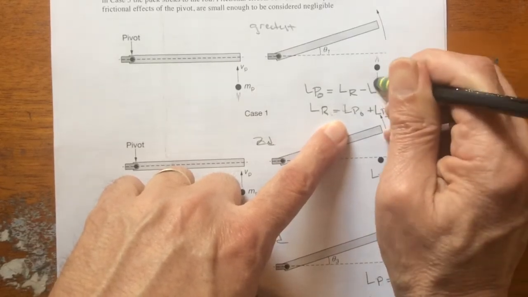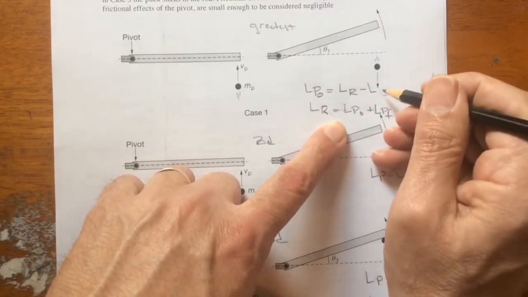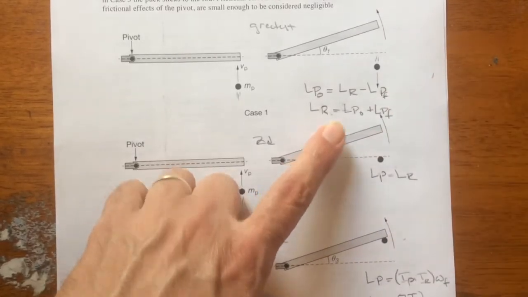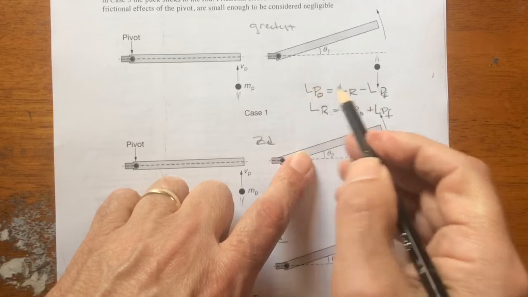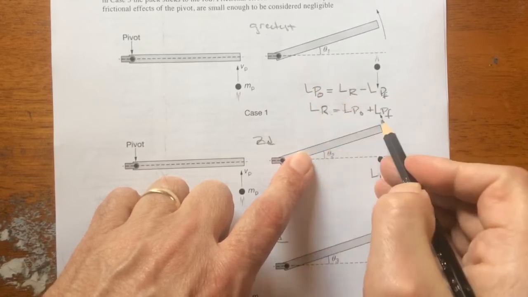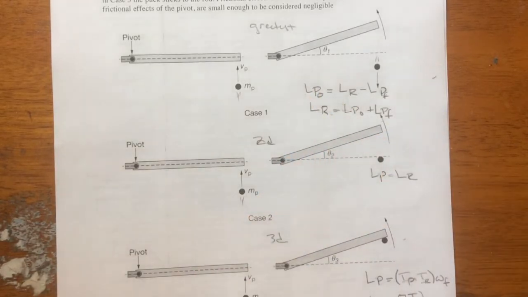I missed that. I meant to write P there. There you go. We're going to add that to each side, solve for the momentum of the rod. It's going to have twice the momentum of the ball because it's bounding back out. So momentum is still conserved. Your net momentum is still the momentum of the puck. I hope that makes sense.